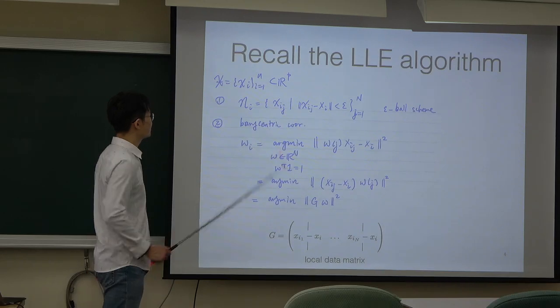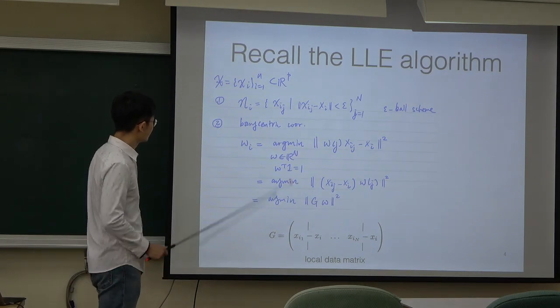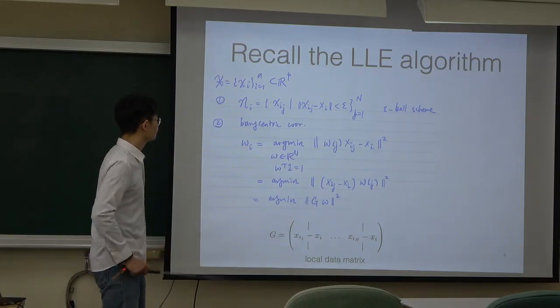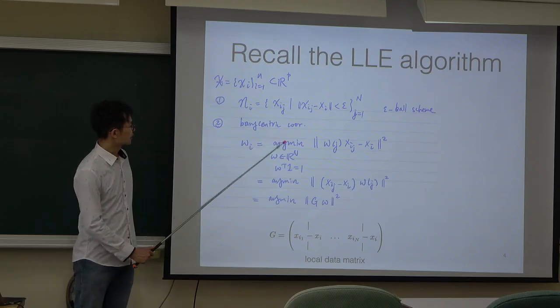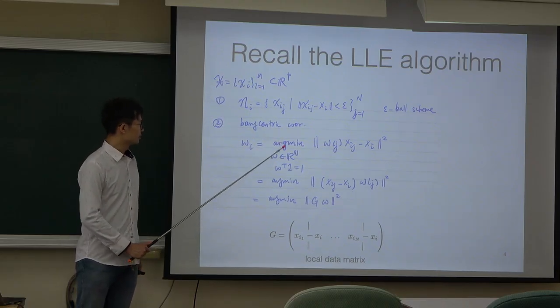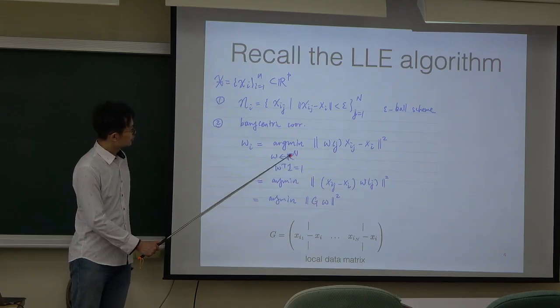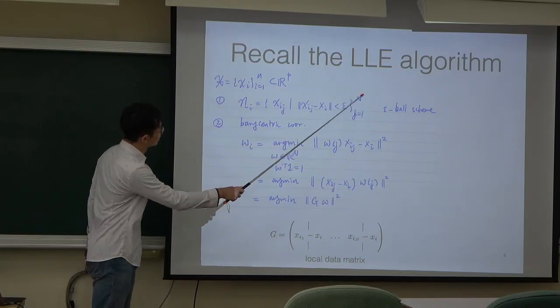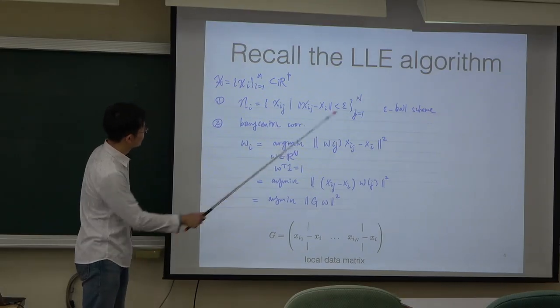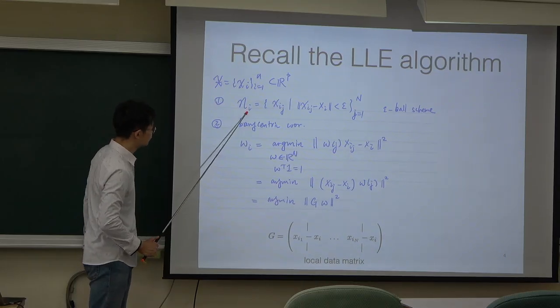Then you evaluate the barycentric coordinate. You have wi. What you do is find the argmin of the weight w, where w is in N-dimensional space. This capital N is the number of points in the neighborhood of point xi.